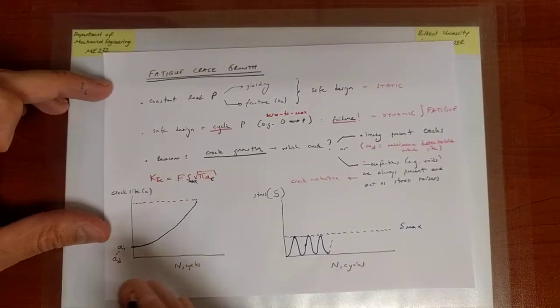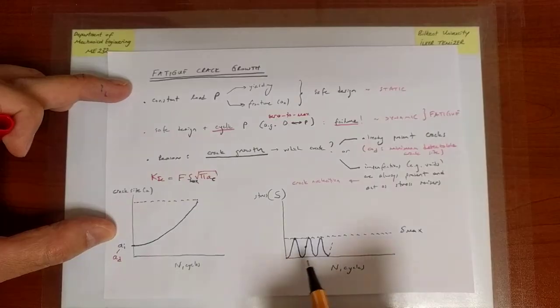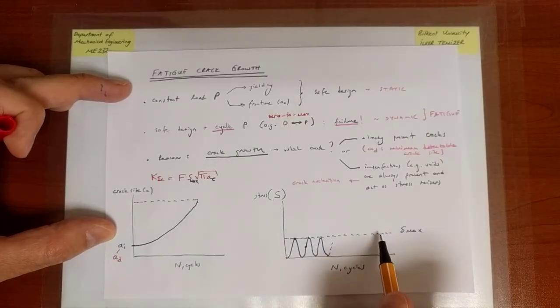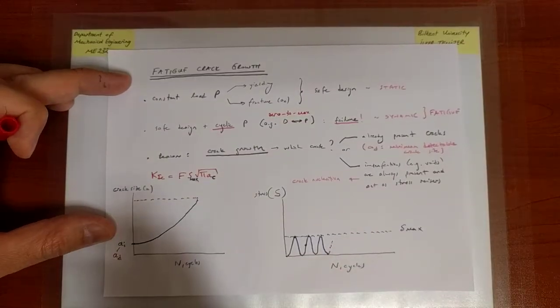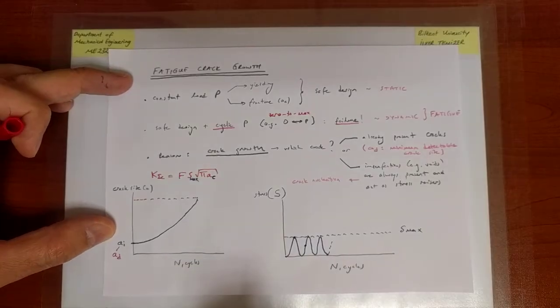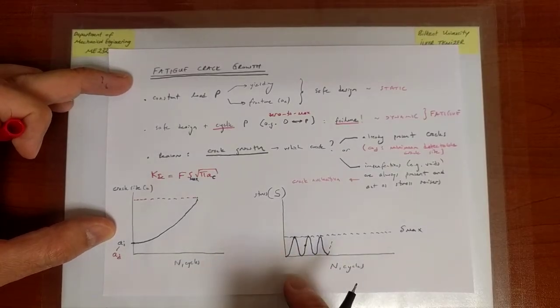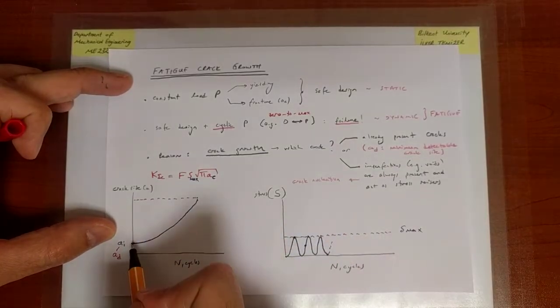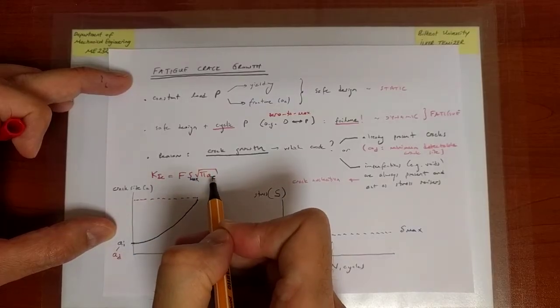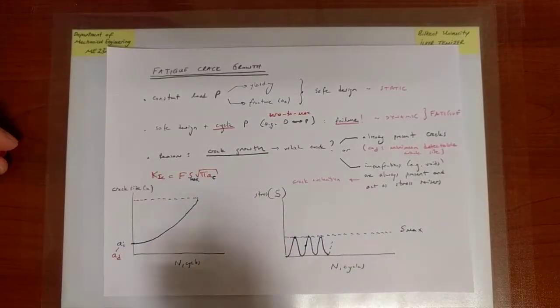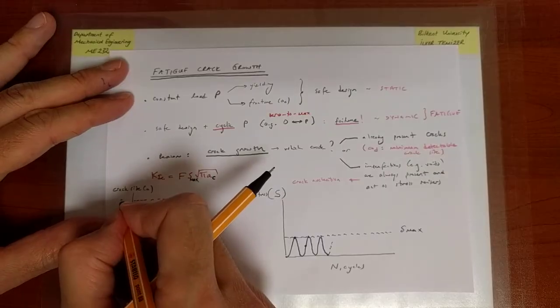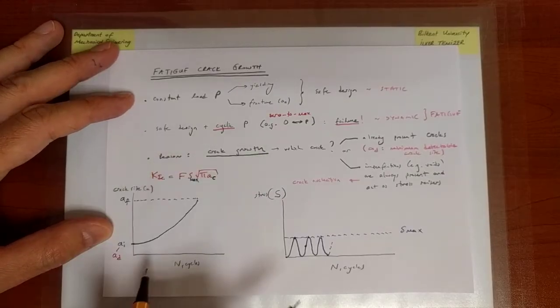Now, we are interested in eventually the question of how many cycles will it take to failure. So you may quantify that number of cycles. You may be interested in the number of cycles for the crack to grow from initial size to the failure value, or for that matter, in general, to any other value, from some initial value to some final value.